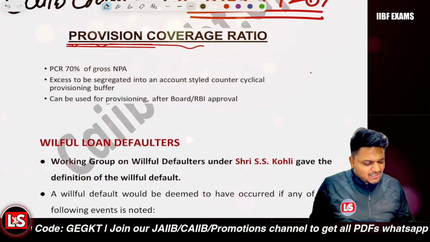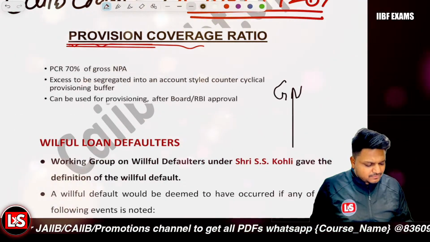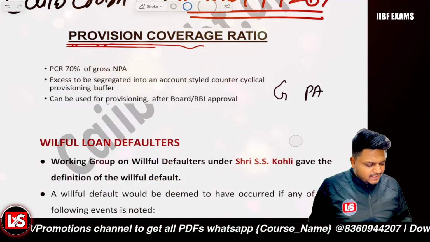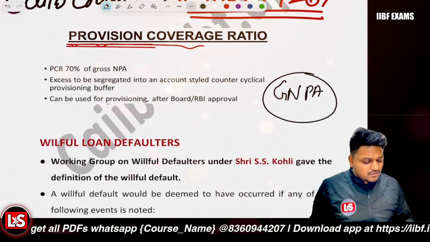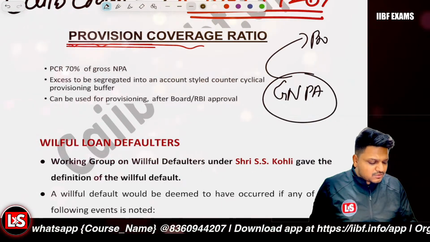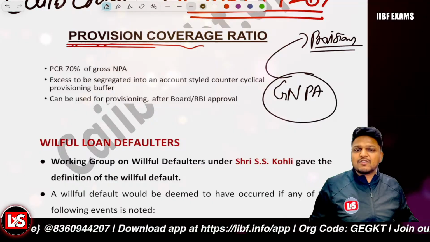So let's say we have gross non-performing assets up to one particular point, right? And for these GNPAs, to what extent are we making provisions?